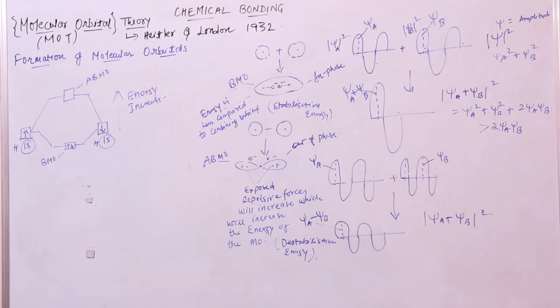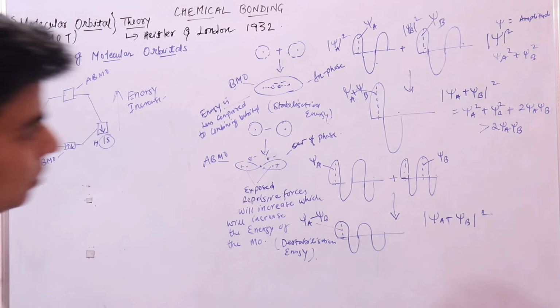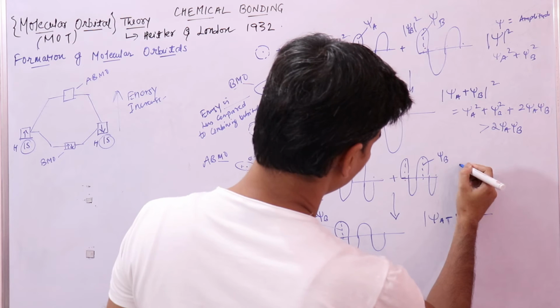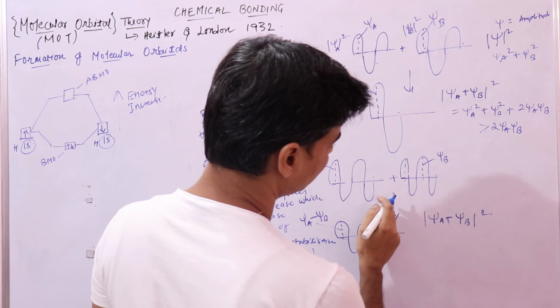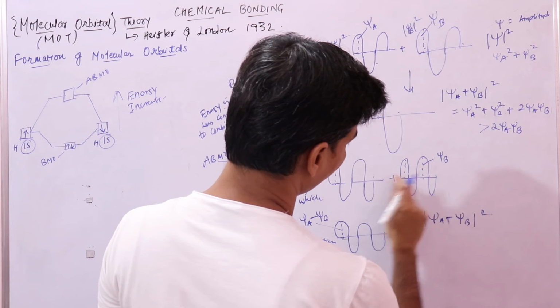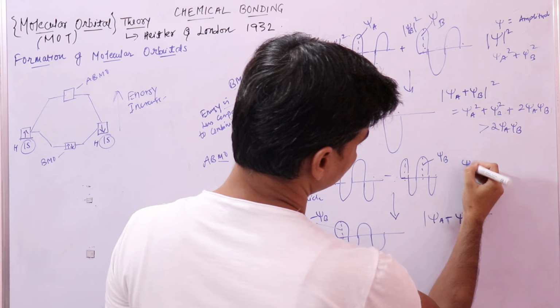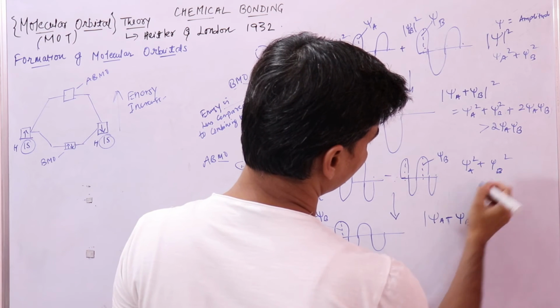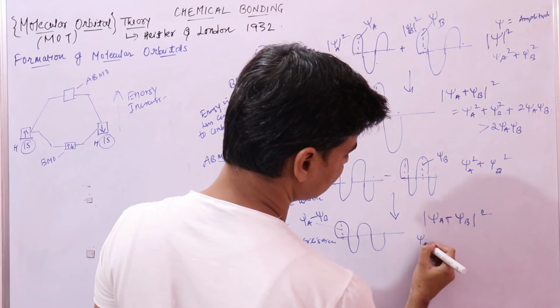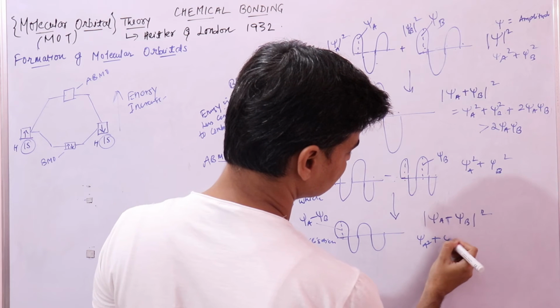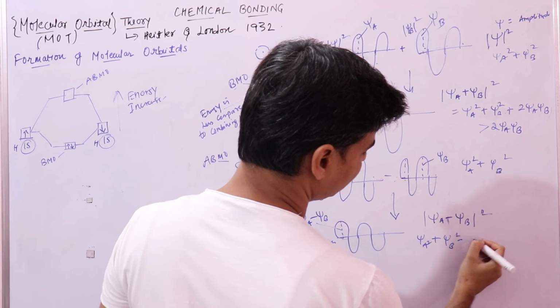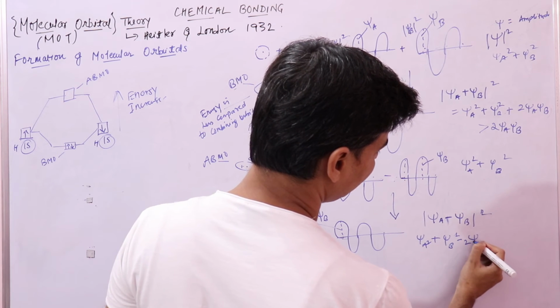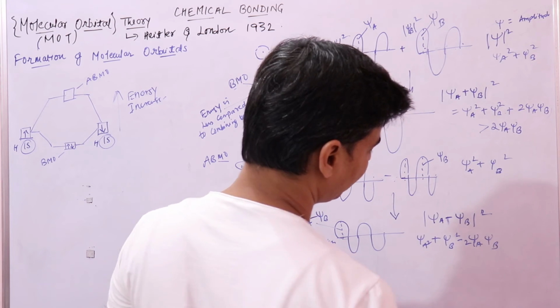Now let's look into the antibonding molecular orbital. Here also, if you take the square of this, psi a minus psi b, it is psi a square plus psi b square minus 2 psi a psi b, right?